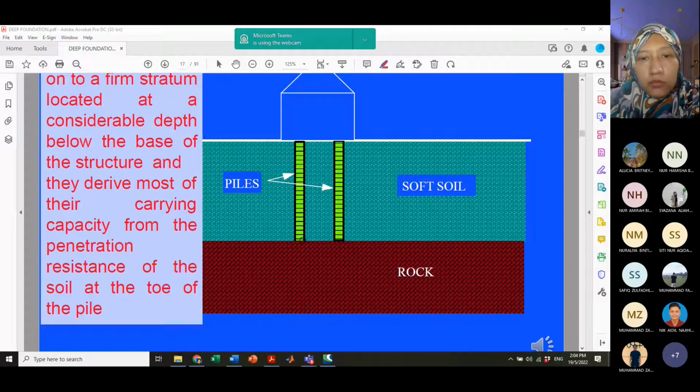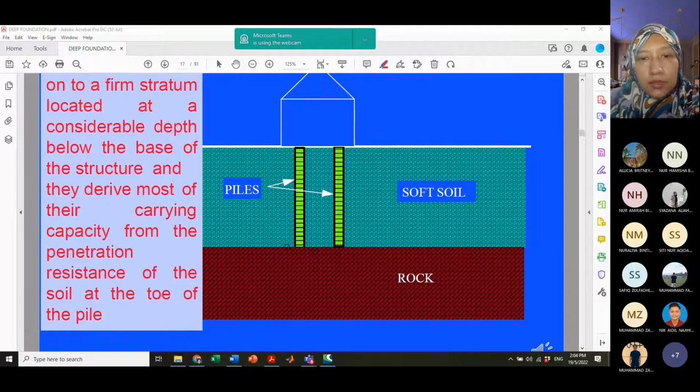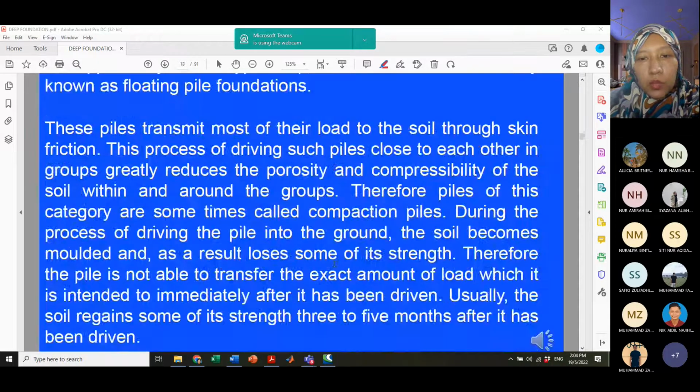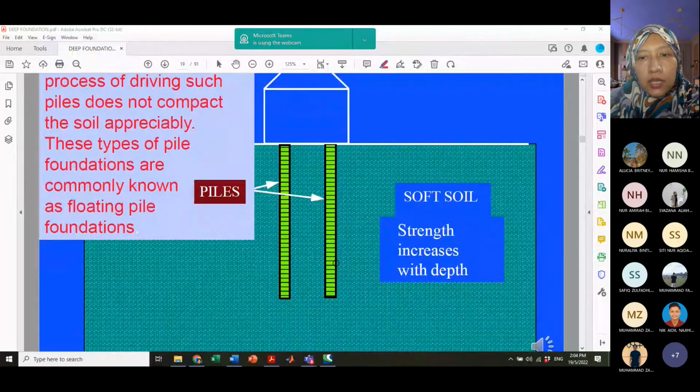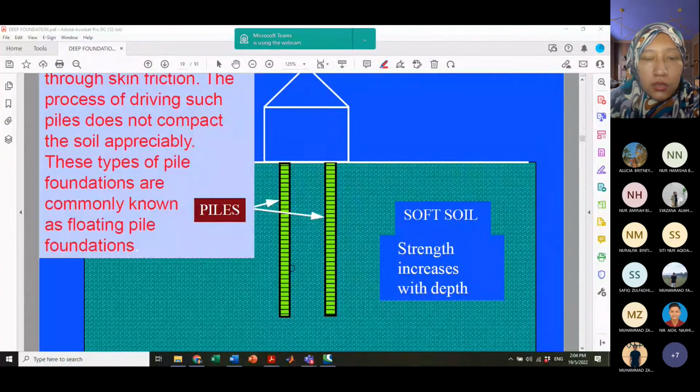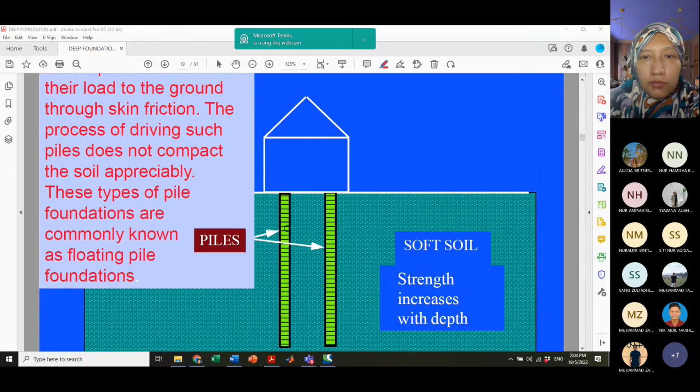For example, if you look at this one, it is the end bearing where the load is transmitted at the bottom, to the hard rock layer. Meanwhile, for the skin friction, you can see how the load carrying capacity is transmitted through the friction between the soil and the pile itself.